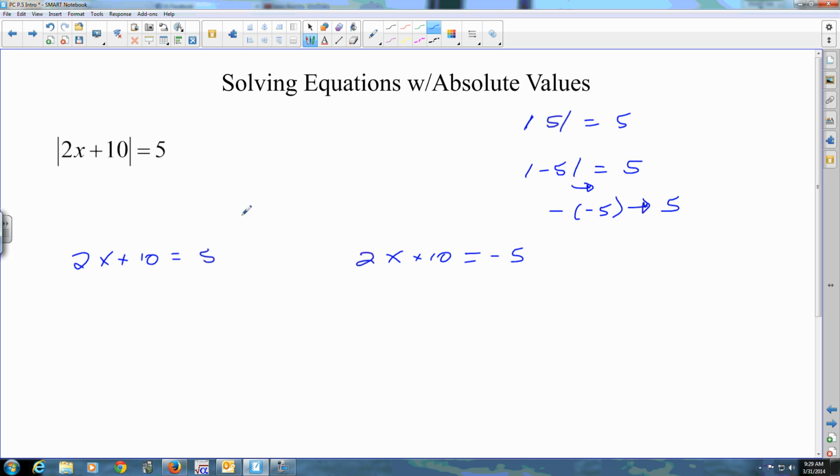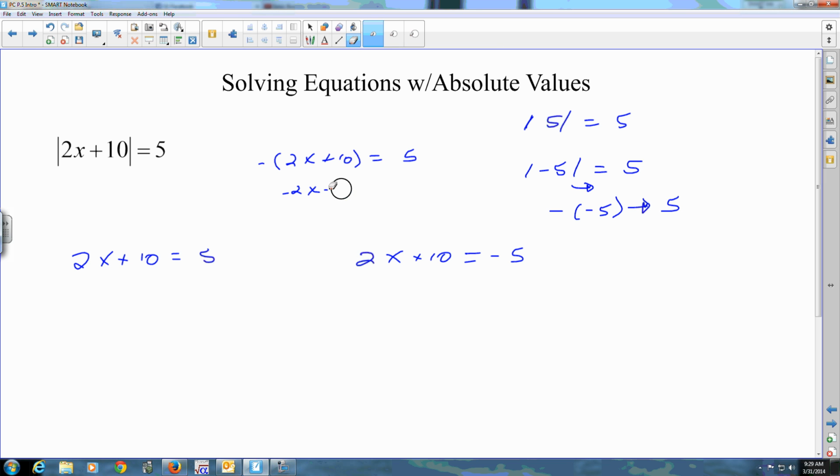So what you're doing is, first you're assuming what's in here is positive, so you just take the bars off and leave it alone. Second time around, you're assuming what's in here is negative, the value of everything inside is negative, so you actually are introducing another negative to turn all of that positive. You could distribute this inside and get negative 2x minus 10 equals 5 and solve from there.